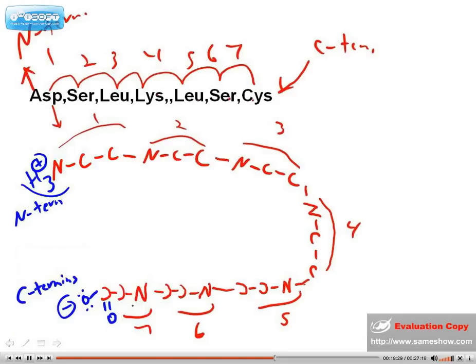Oh, let's use a green. All the alpha carbons, those are the center carbons, are always going to have a hydrogen on them. And then the carbon next to the alpha carbon is always going to have a double bond.